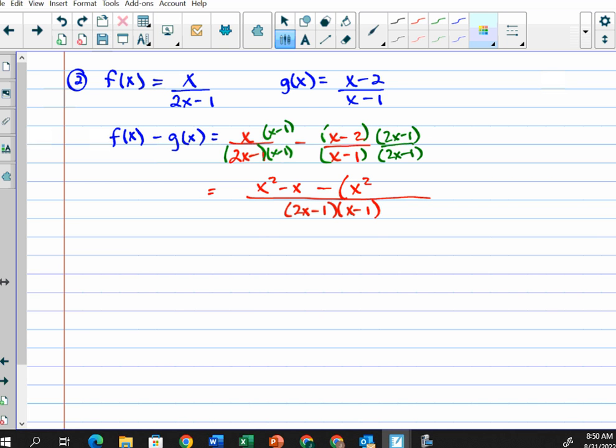Which is x squared minus 4x minus 1x, so minus 5x plus 2. Don't mess up a negative, okay? So 2x squared. There we go. Don't miss a 2 too. So you should end up with negative x squared plus 4x minus 2. And then again, I don't care, you can leave that denominator factored: 2x minus 1 times x minus 1.